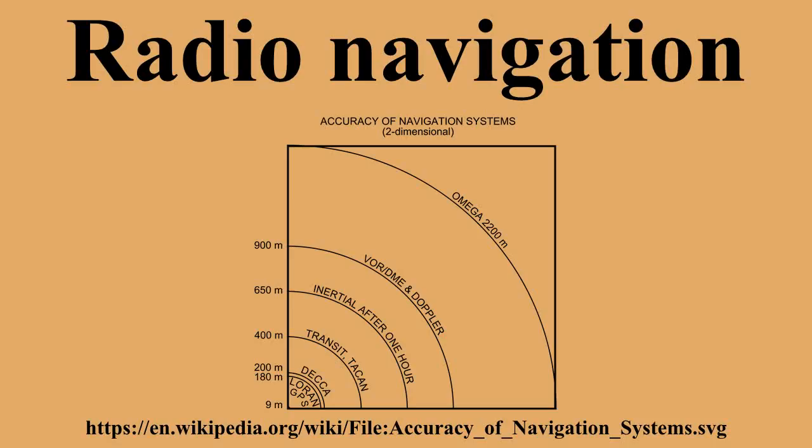Radio direction finding. The first system of radio navigation was the radio direction finder, or RDF. By tuning in a radio station and then using a directional antenna, one could determine the direction to the broadcasting antenna. A second measurement using another station was then taken.